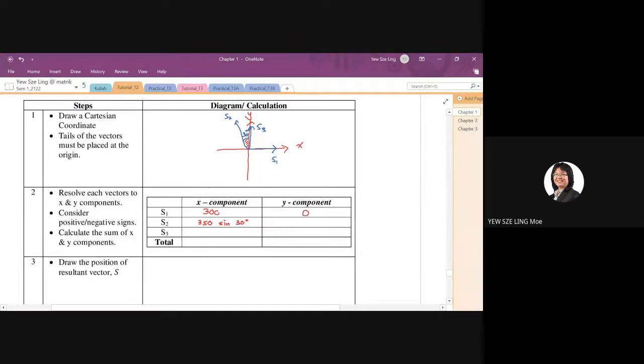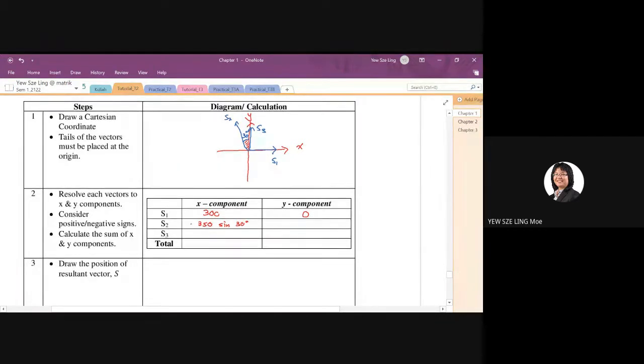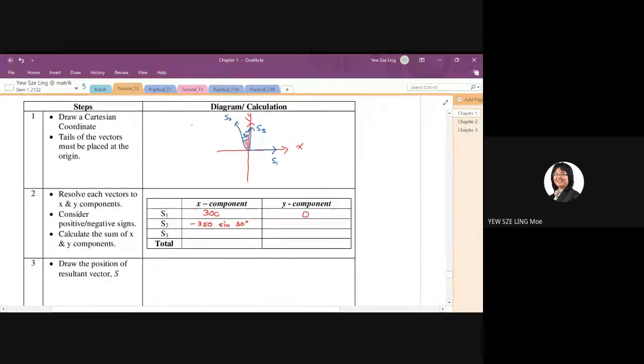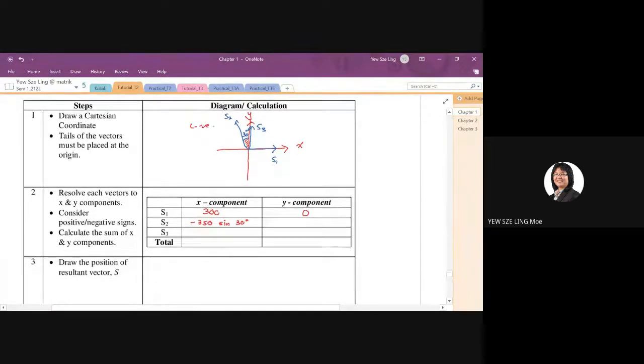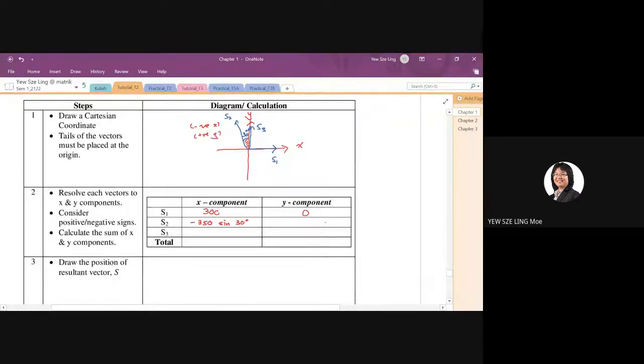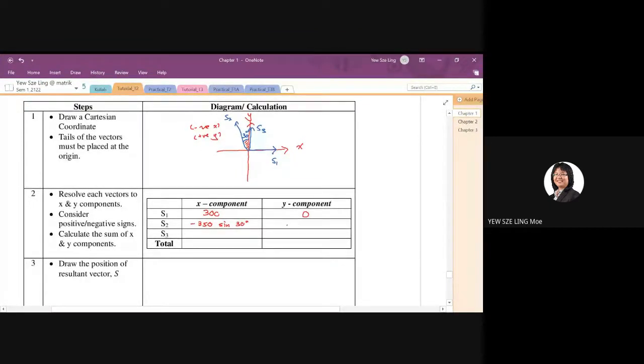But looking at the diagram again, I have a minor mistake in my table, because I forgot to put in a negative sign here. So negative 350 sin 30 degrees, because it's in the second quadrant, where we have negative x and positive y. So the y component is 350 cos 30 degrees.